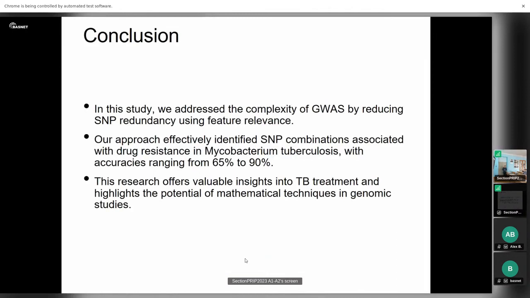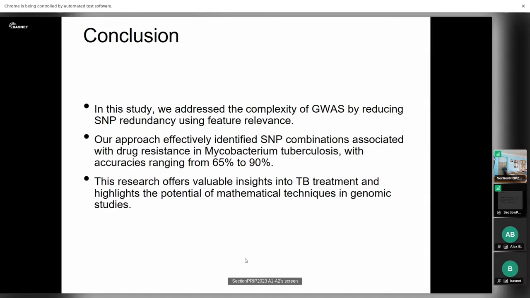In this study, we address the complexity of GWAS by reducing redundancy of SNPs using feature relevance. Our approach effectively identifies SNP combinations associated with drug resistance in Mycobacterium tuberculosis with accuracy ranging from 65% to 90%.